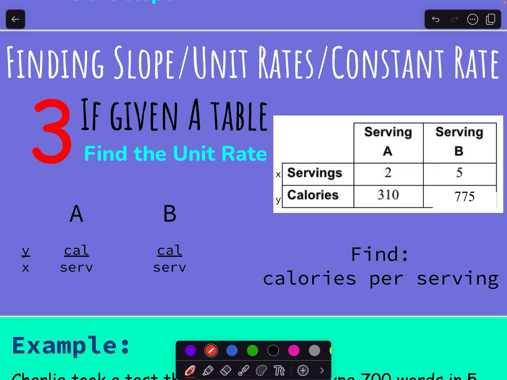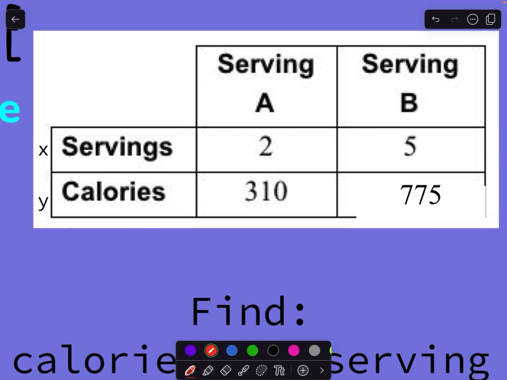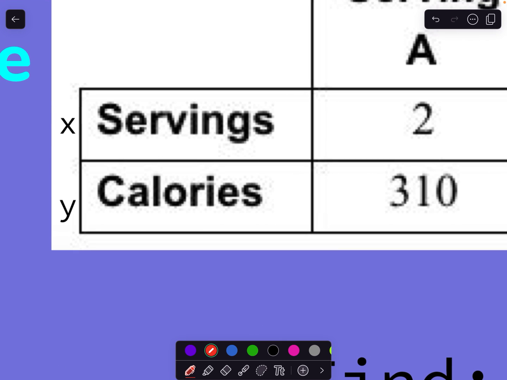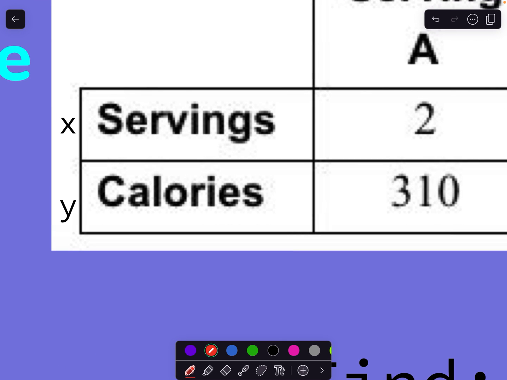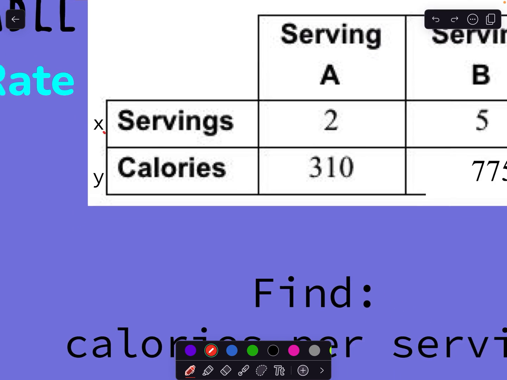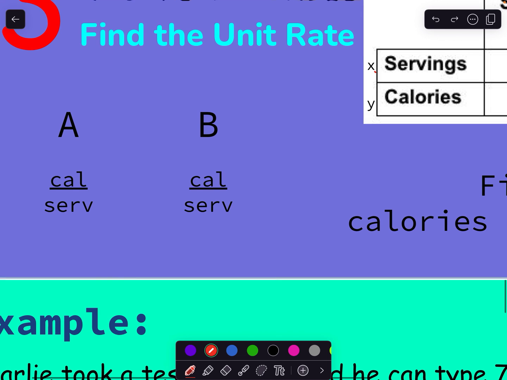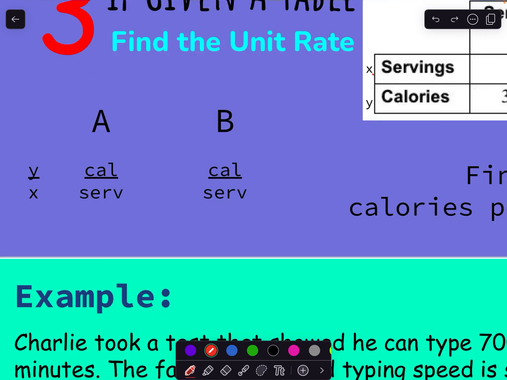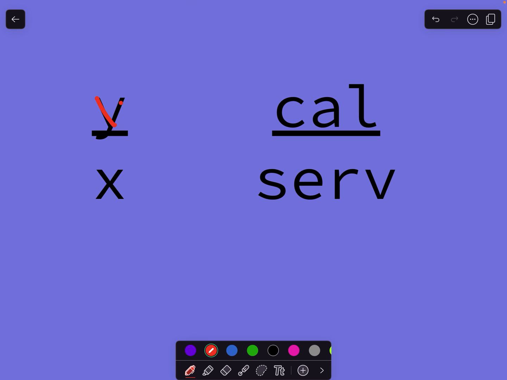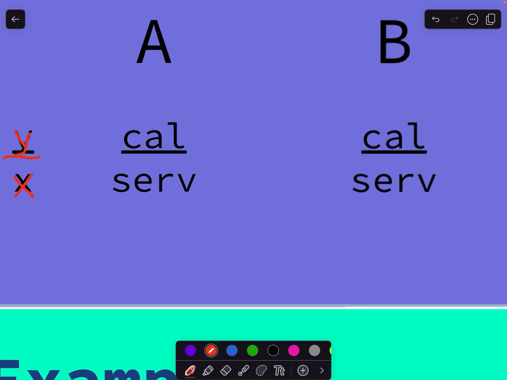So if you have this, what you want to do is set up some little ratios. Here they're saying you have servings and calories for serving A and serving B. We always say the first thing they list, it kind of goes alphabetical, like x, then y. But when you go to make your ratio, you want to do y divided by x, like it says right here. So that would be calories divided by servings.